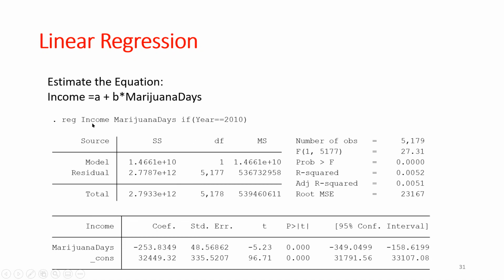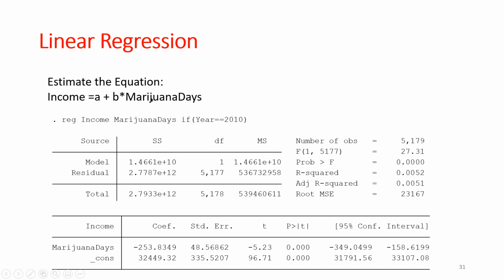Before we even get into it, the equation we're thinking about is that I've got this dependent variable, or this Y variable, which is income. And I think that it's some function of the number of days that someone uses marijuana each month, right? So I've got some intercept, and then I'll have some slope value associated with this marijuana.